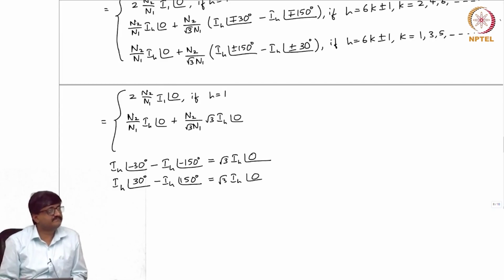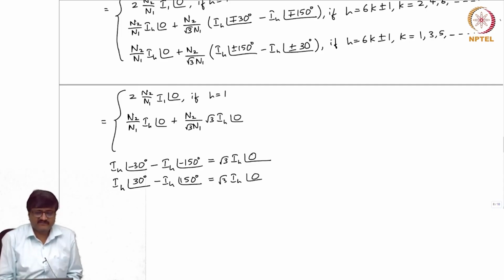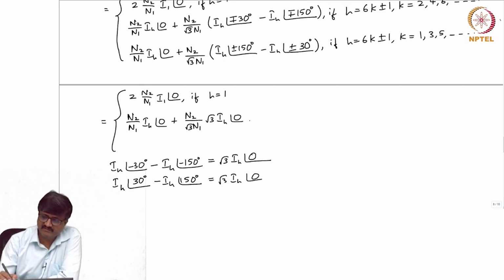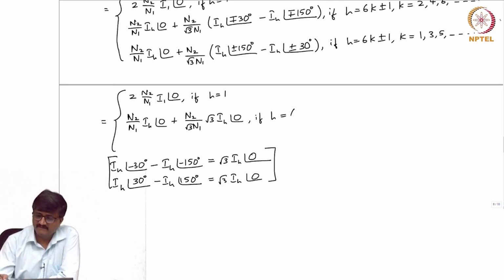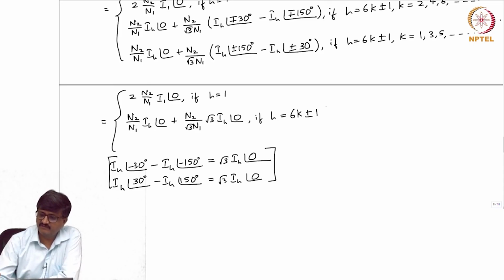Is that okay? In both cases, I get root 3 IH at an angle 0. Okay. So, this is applicable if H is equal to, let me just put this in bracket, this is just an intermediate computation, 6k plus minus 1, k is equal to 2, 4, 6, and so on.